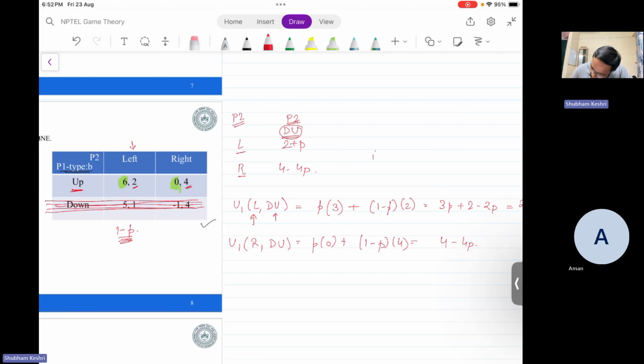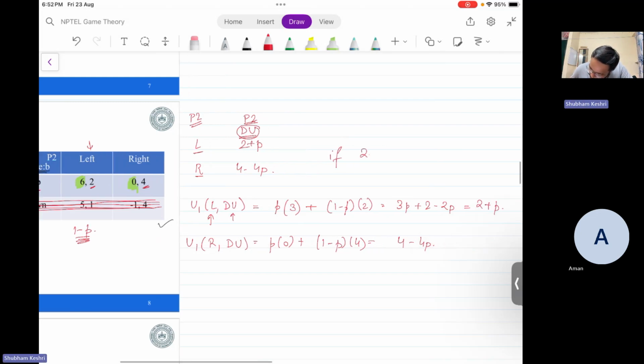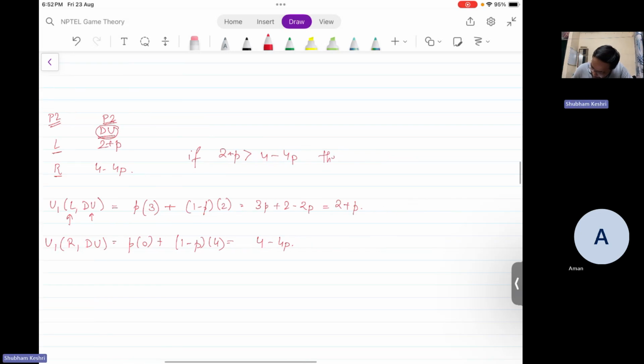If 2 plus P is greater than 4 minus 4P, then the best response of player 1 is L. We'll solve this and find this P. So 5P is greater than or equal to 2, or P is greater than or equal to 2 by 5.